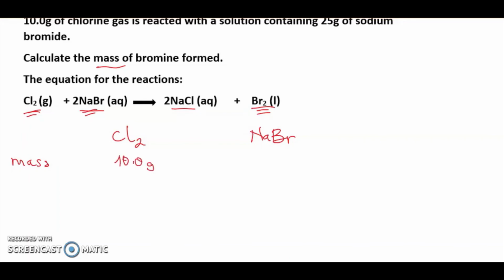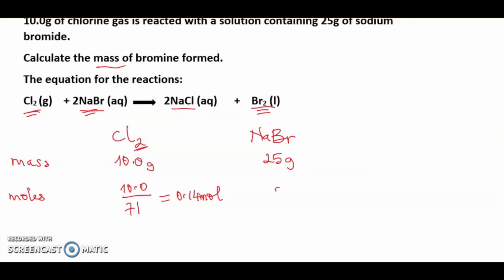For sodium bromide, the mass is 25 grams. So let's calculate the moles. Here we have 10.0 divided by, now chlorine, one atom of chlorine has a relative atomic mass of 35.5, but here we are dealing with the chlorine molecule, so we multiply that value by 2, we have 71, and this gives us 0.14 moles.